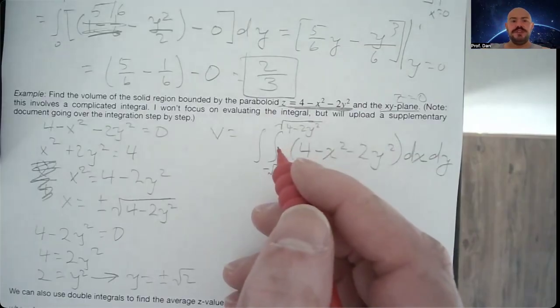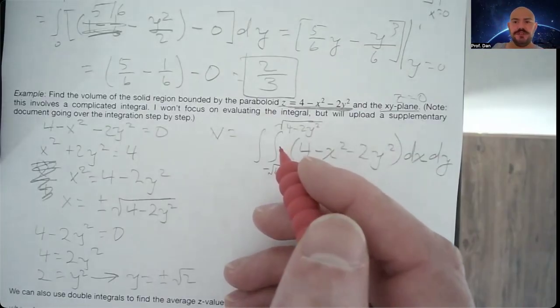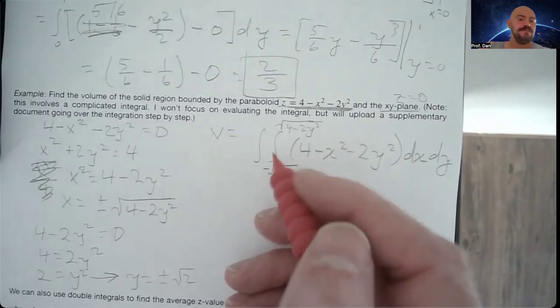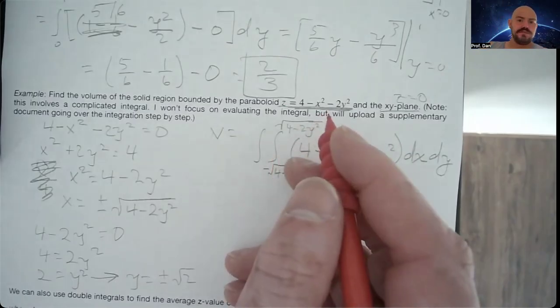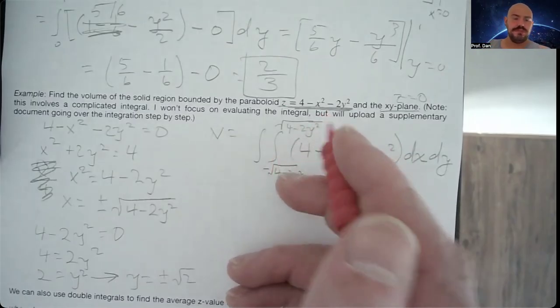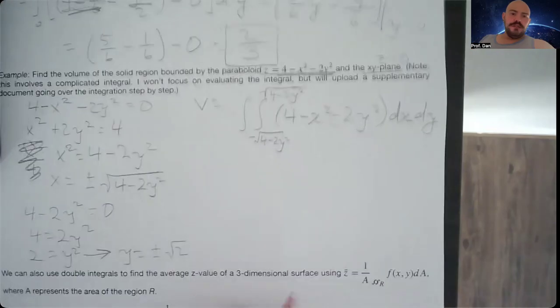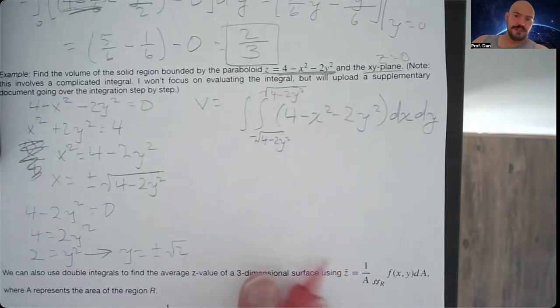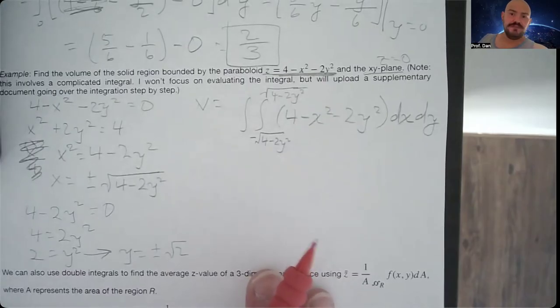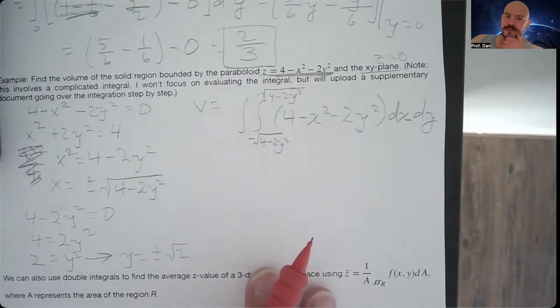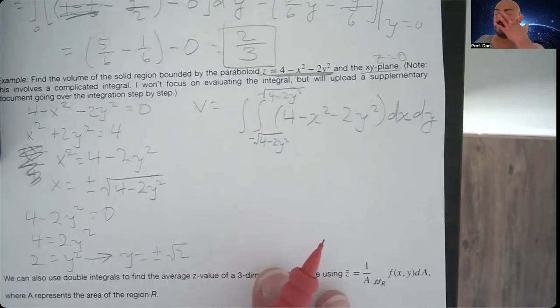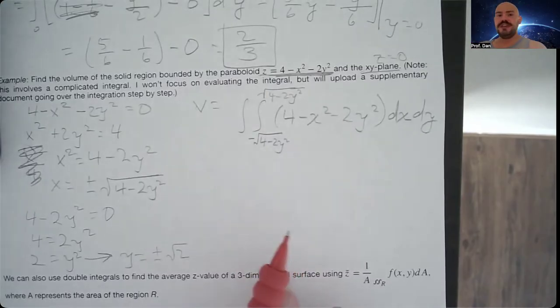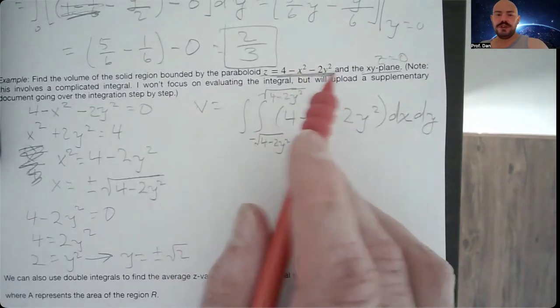Right, both would end up giving us a value of 0. The other thing to consider with this one is what the maximum value of z would be. Our maximum value of z would be z equals 4, which will only happen if x and y are both 0.